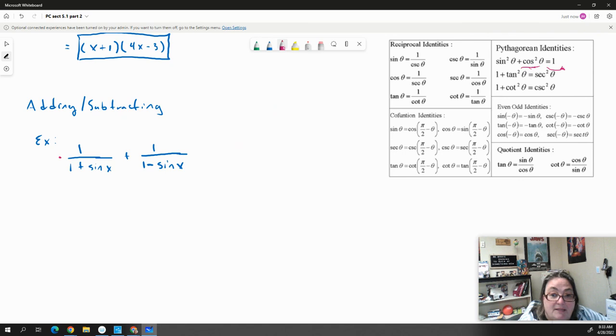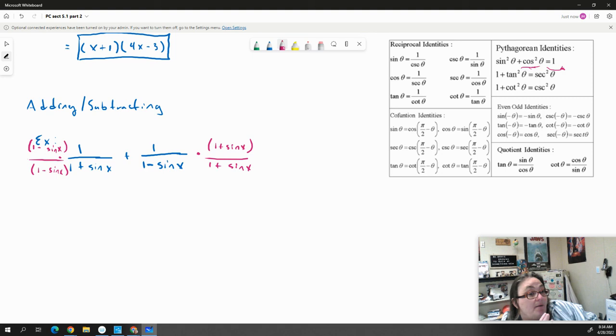So if I multiply this side times 1 minus sine x over 1 minus sine x, and then I multiply this side by what it doesn't have, which is 1 plus sine x, 1 plus sine x over 1 plus sine of x. I can now add these things together.